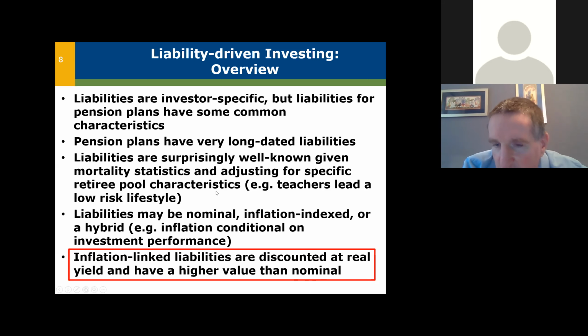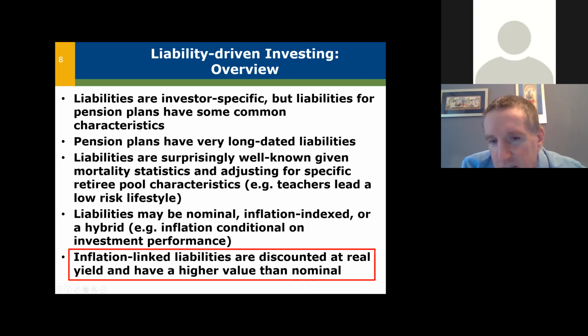To give you an example, let's say I had to pay out a dollar every single year forever. If that dollar is a nominal dollar, in other words a stated dollar forever, my nominal discount rate could be 5%.